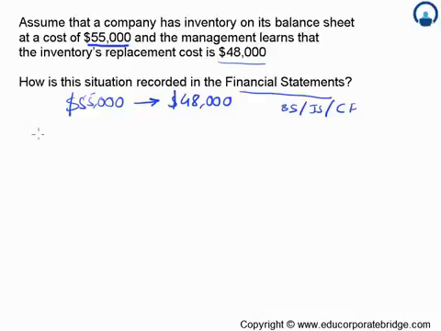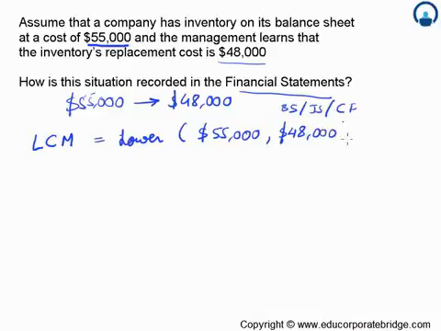This is a clear case. We'll apply the concept of lower of cost or market value. The cost was 55,000 here and the market price or the replacement cost is 48,000. So the lower of the two is 48,000, and this is what should go in the balance sheet.